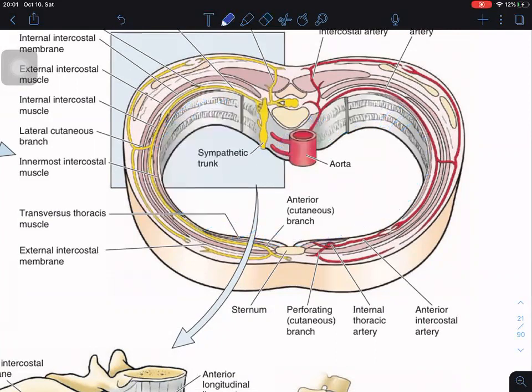So there is a specific fascia covering the whole internal aspect of the thoracic wall, and that fascia is called endothoracic fascia. Okay, so endothoracic fascia then is the one which is covering the whole internal side of the thorax.